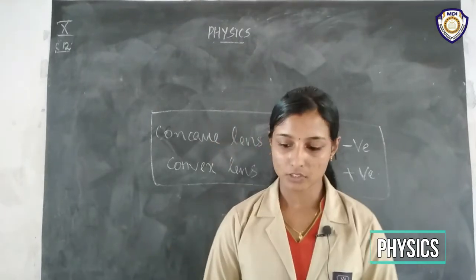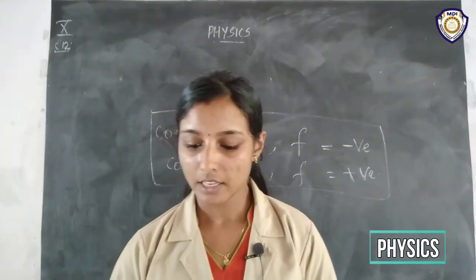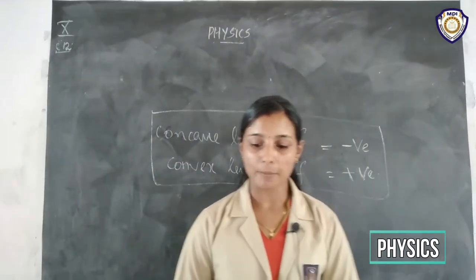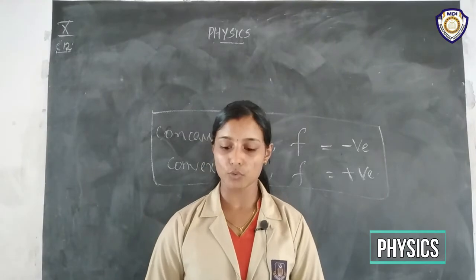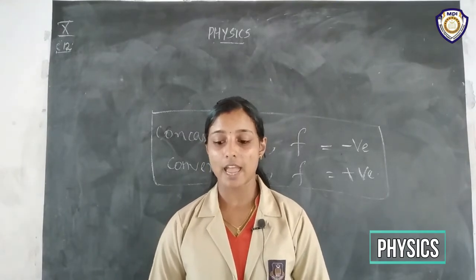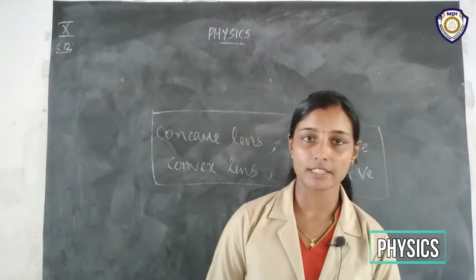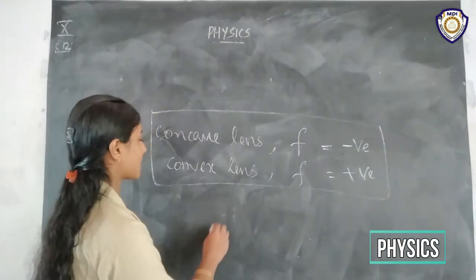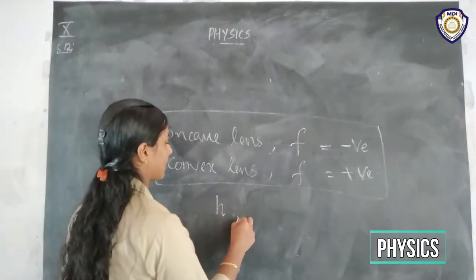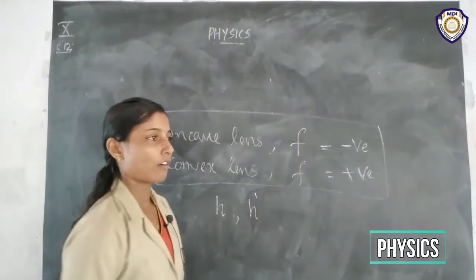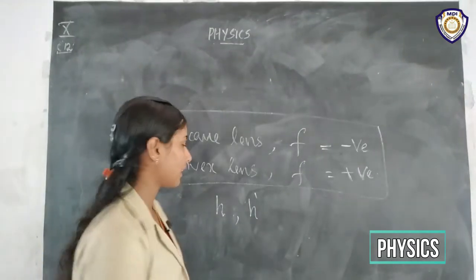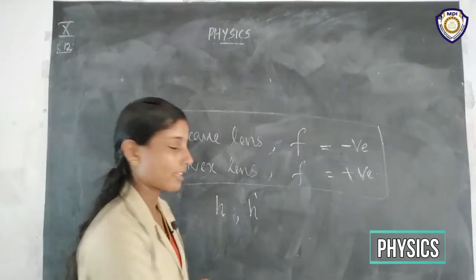You must apply appropriate signs for the values of u, v, f, object height h and image height h dash. While taking the sign, how can we take the sign convention?